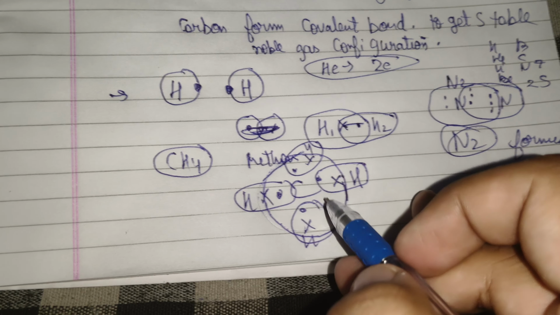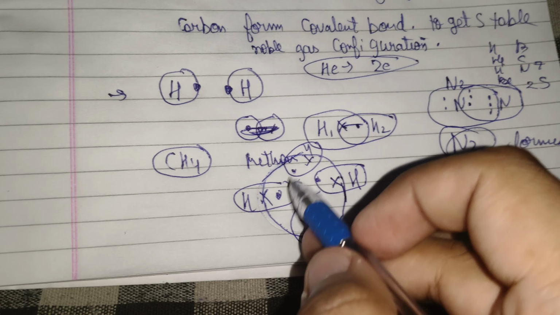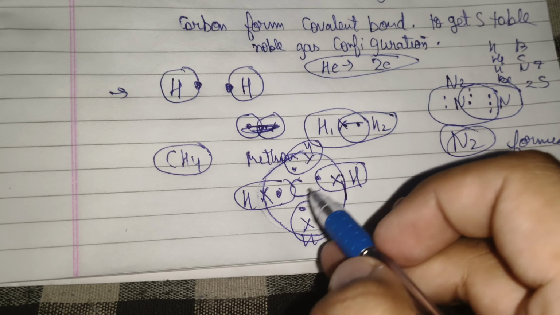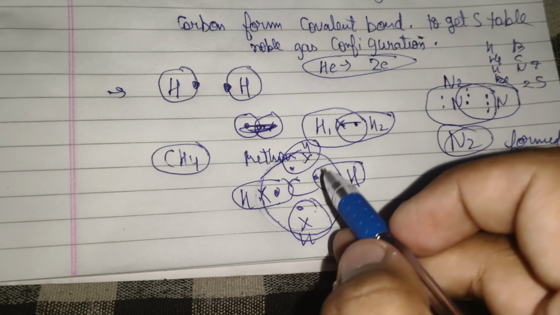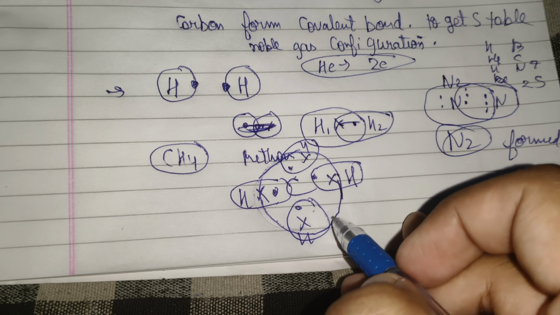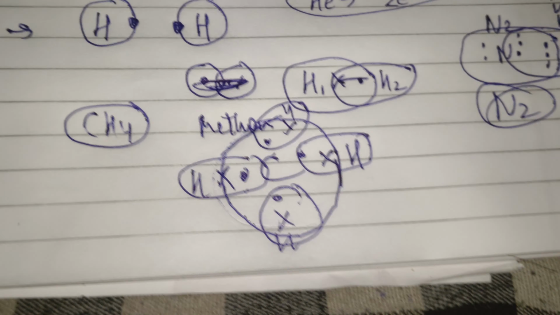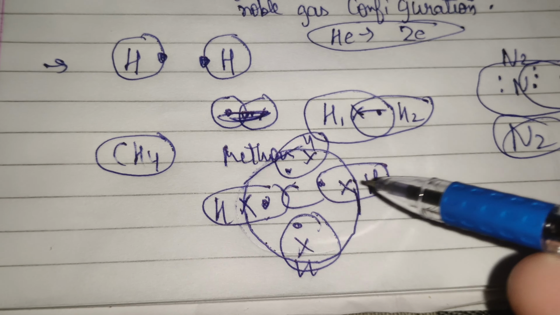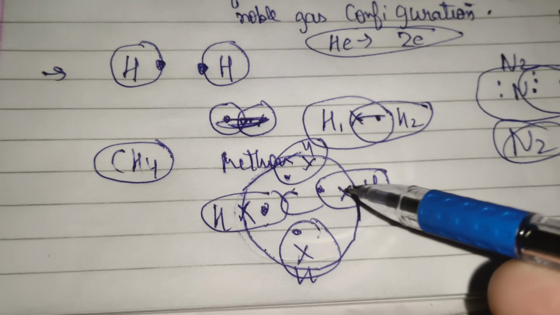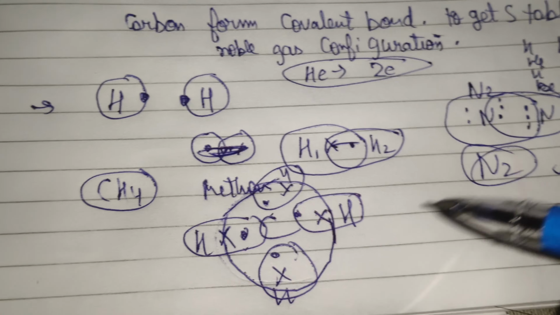The big circle is the orbit of carbon, the four dots are the four electrons of carbon, and the four crosses are the four hydrogen atoms' electrons. Hydrogen and carbon complete their outer orbits by forming a cross and dot bond. That is again the covalent bond formed between hydrogen and one electron of the carbon atom.